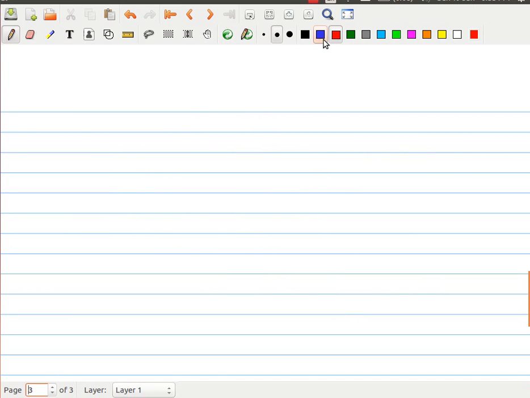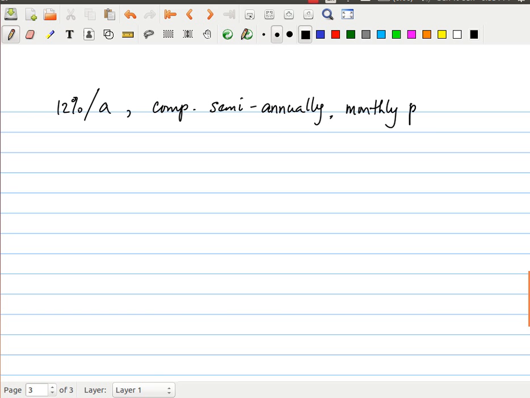So let me just once again rephrase this, or look at this again. Just writing it out quickly, it's 12% per annum, compounded semi-annually, and we're talking about monthly payments.